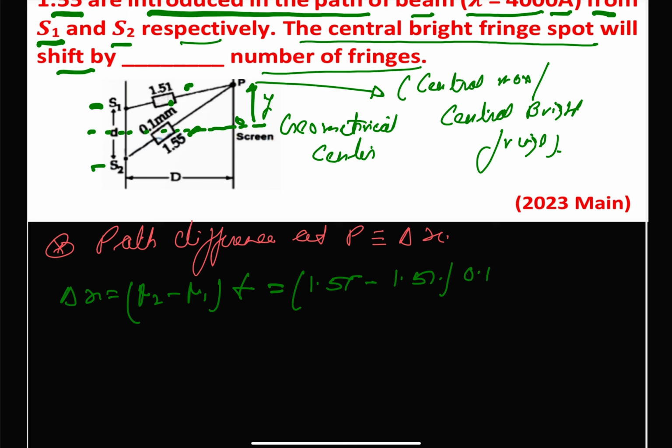Therefore, delta x will be 0.04 into 10 to the power minus 4, or we can write 4 into 10 to the power minus 6 meters. And we need to find out the y.